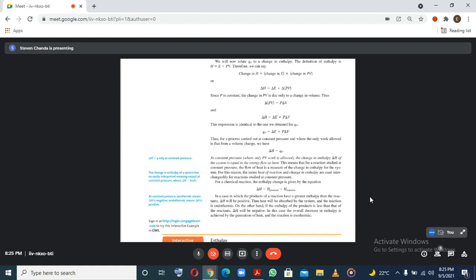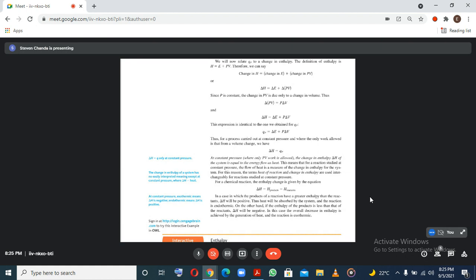So you are saying the change in enthalpy is equal to the change in internal energy, change in what? In PV, which is pressure times volume. Okay, but since we know that the volume is the only thing changing and the pressure is constant, that's why we've rewritten it and said the change in enthalpy is equal to the change in internal energy plus, since pressure is constant, we just write P and then the change in what? The change in volume.